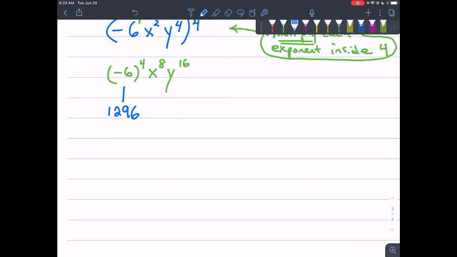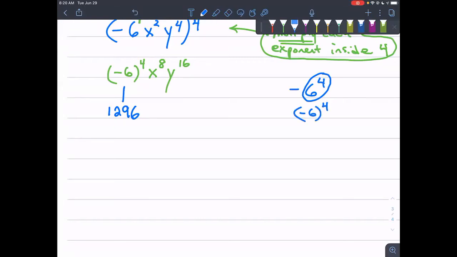So this is going to be 36. If you put negative 6 to the 4th into the calculator, you need to put the parentheses around the negative 6. Otherwise, if you just type it in, it'll do 6 to the 4th and then throw a minus in front of it. You've got to let it know that negative 6 is what's being raised to the 4th.